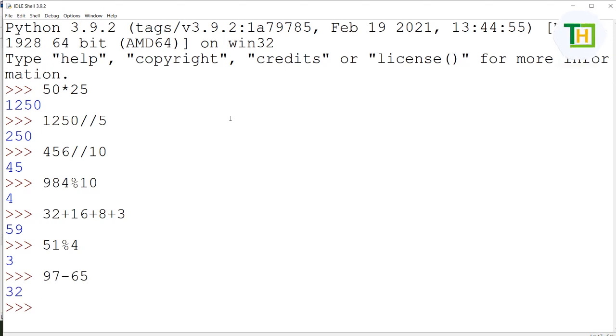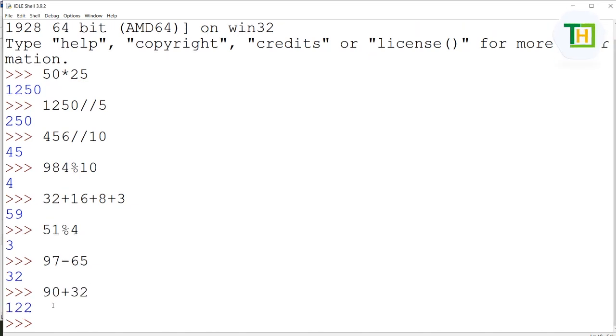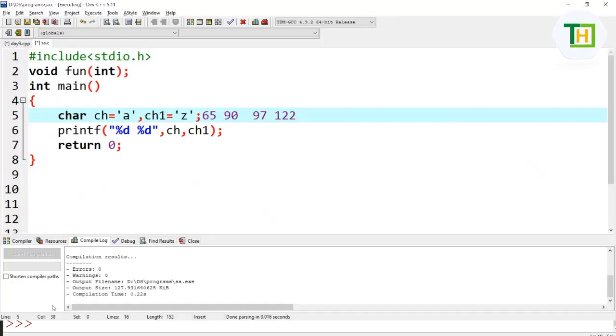If you want to convert a small letter into a capital letter, we have to decrement it. For example, 90 plus 32 is 122, that is a small letter. In the same way, the difference is always 32.